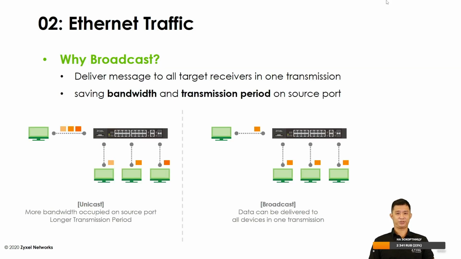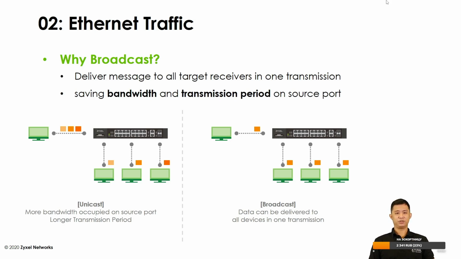Here we have a question. Since unicast can correctly deliver the message to a single device, why do we need broadcast? The answer is explained in the slides, where we can see with broadcast, the data transmission can be done in a single try instead of transmission one by one.